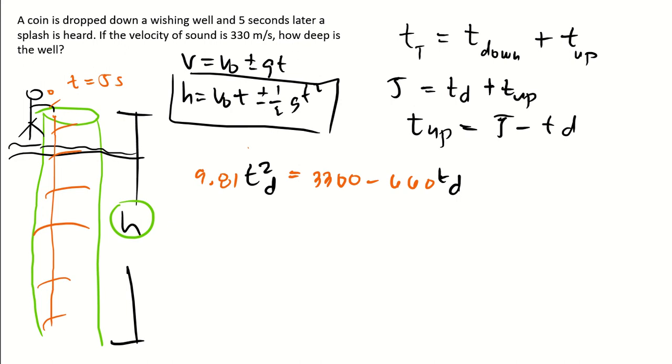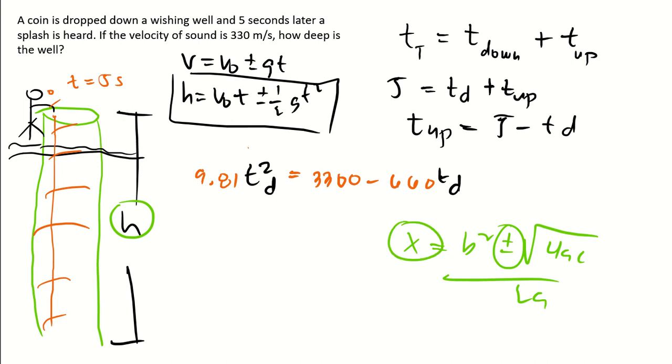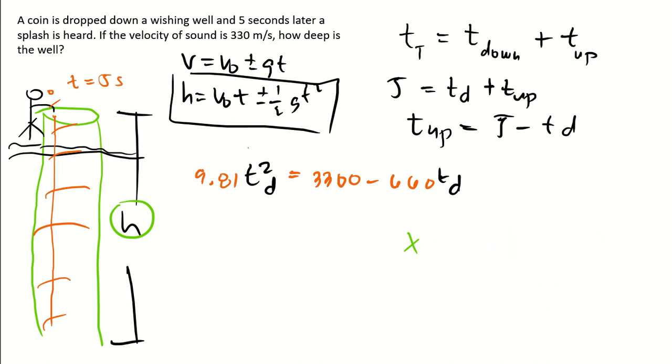Ibig sabihin kasi niyan ay magiging dalawa ang value ng TD. Naalala niyo yung sa quadratic equation, x is equivalent to negative b plus or minus square root of b squared minus 4ac, all over 2a? Kaya may plus or minus kasi dalawa ang sagot ng x. So dito in this case, dalawa ang value ng TD.